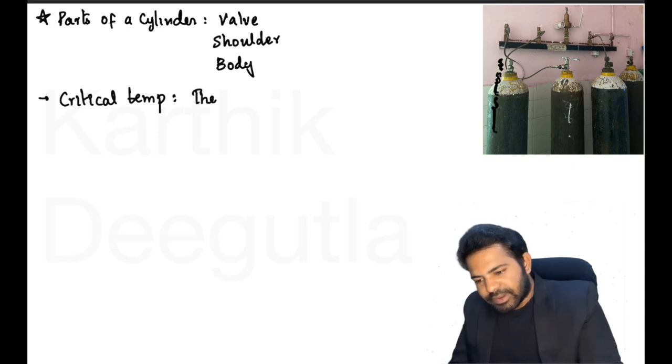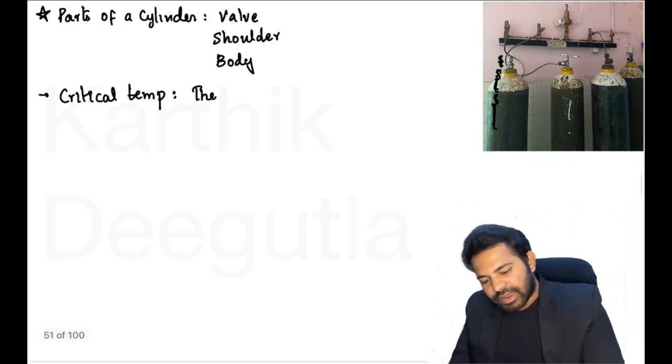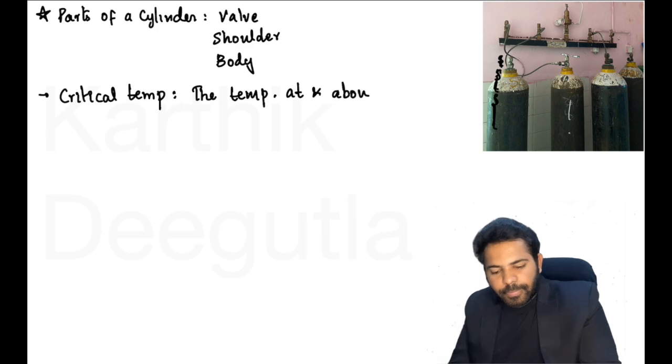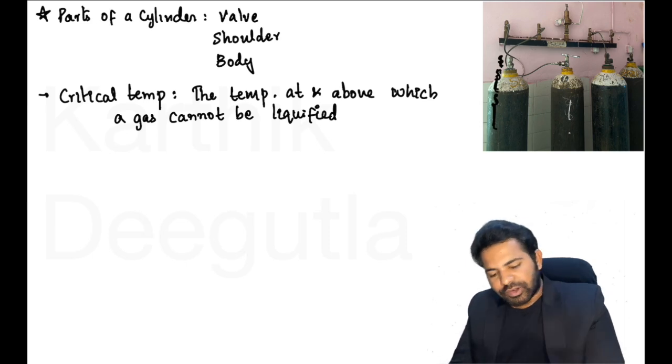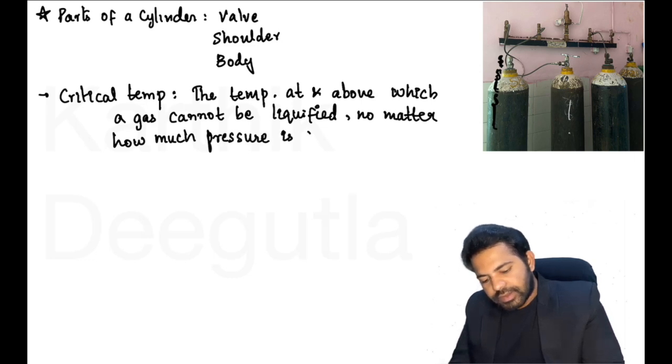The critical temperature is the temperature at and above which a gas cannot be converted into a liquid, no matter how much pressure is applied. This temperature is known as the critical temperature.